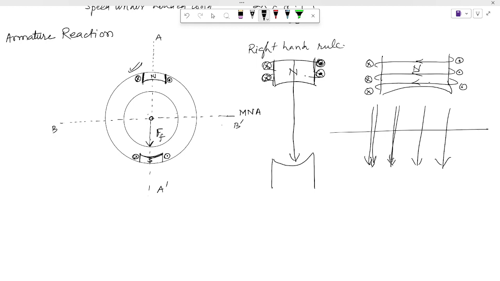See, how is this magnetic field getting established? You know how it is getting established? When the current will flow like this, how will the field lines go? Let me explain.